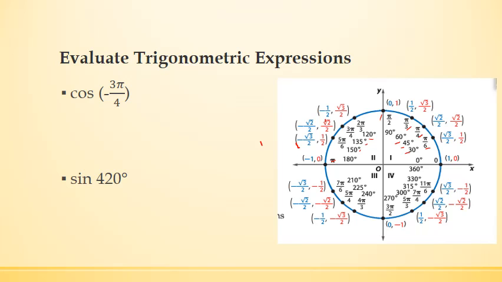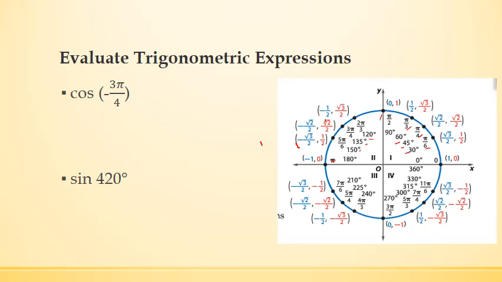And if you'll notice, the x and y coordinates, or the cosine and sine, cosine being the x coordinate on the unit circle, sine being the y coordinate on the unit circle, their values are similar depending upon that degree or radian measurement.